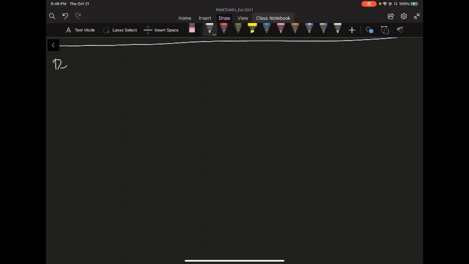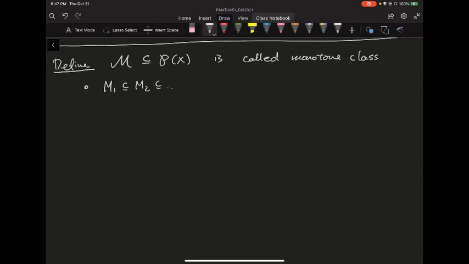So let's make some definitions. Suppose I have a collection of sets, say M contained in P(X). I call it a monotone class if the following happens: it's monotone, in other words, if you have an increasing chain of elements M1 containing M2 and so on, each of these Mi inside M, then their countable union is also inside M. So it's closed under taking increasing chains.